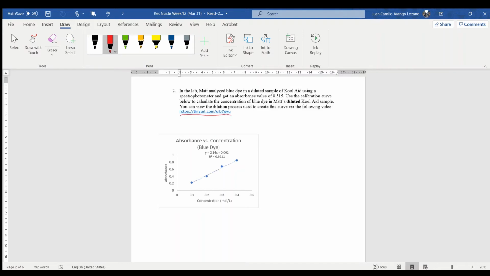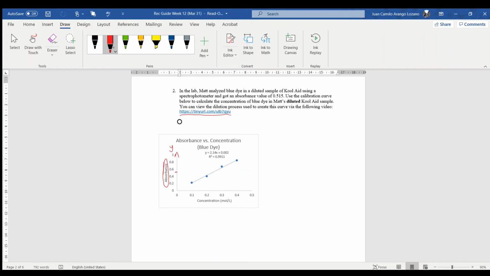If you take a look at the calibration curve they are showing you, you will notice that your y-axis is absorbance, and that's the data they are giving us. And if you have the absorbance, you have the concentration, because recall that we have a linear relationship between concentration and absorbance. Therefore, if my absorbance in this case is 0.515, that means that approximately that's going to fall at this point, right?